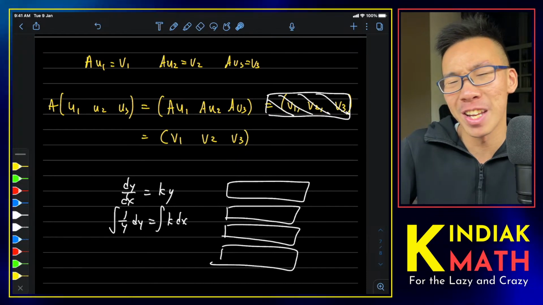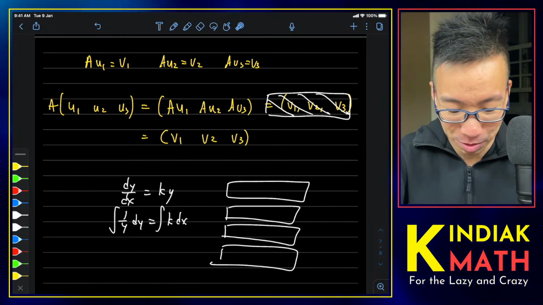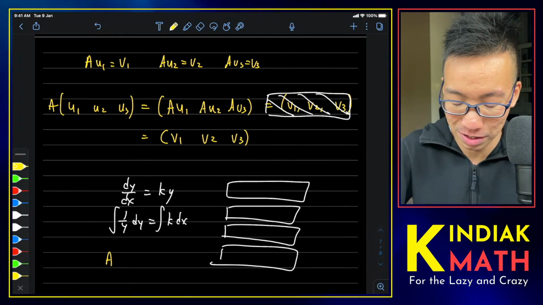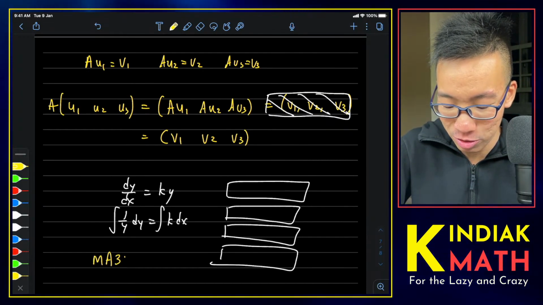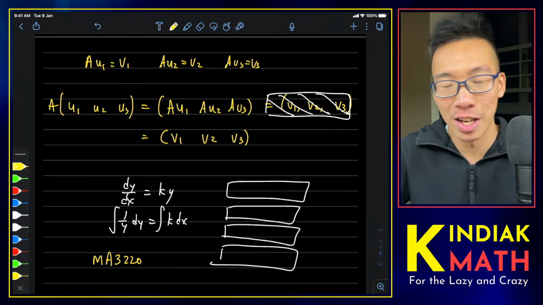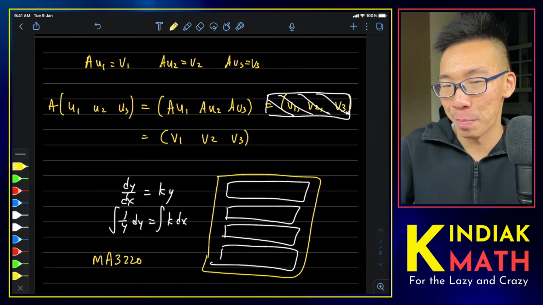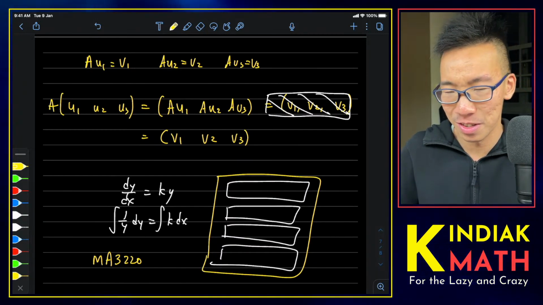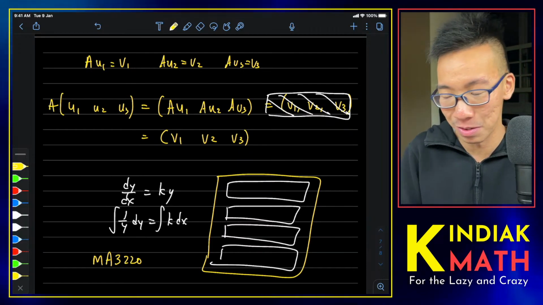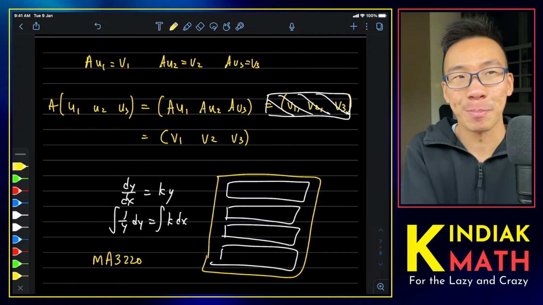I think you've already had a taste of that. I remember I had to do this in a module in NUS as well. It's called MA3220, Ordinary Differential Equations. Over there, you solve n by n systems of differential equations, and eigenvalues rear their ugly heads as well, all that good stuff.